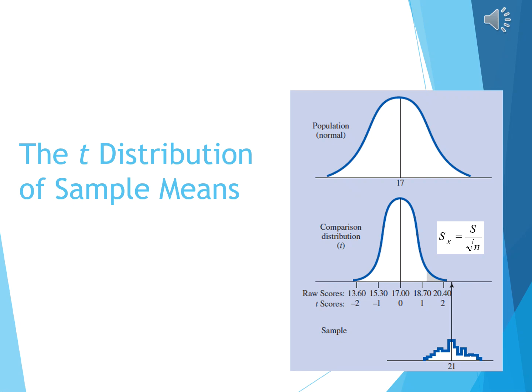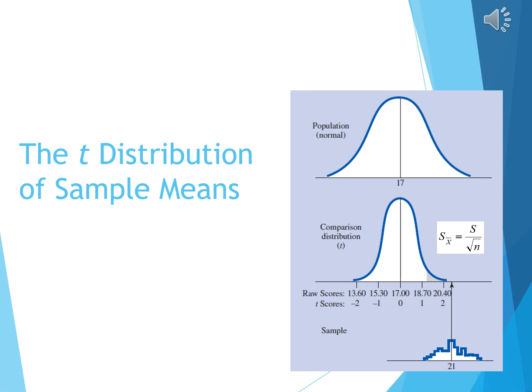But now you don't know the population standard deviation, so we're going to have to estimate it with the sample standard deviation. That means we have to use a t-distribution, not a z-distribution. You have to use a t-distribution if you don't know the population standard deviation.